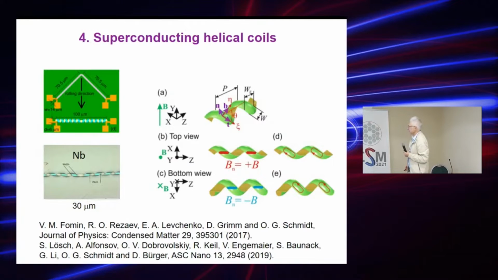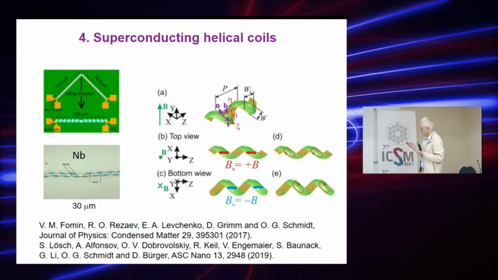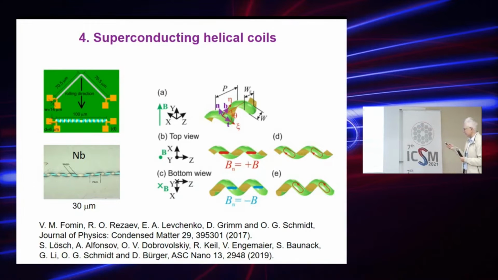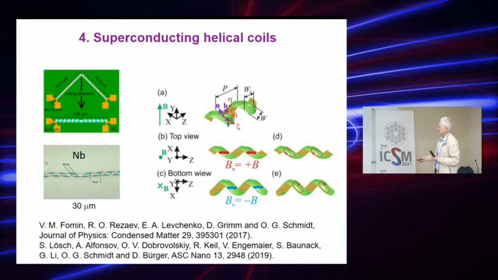Next. I attracted your attention to helical coils. Imagine that you perform rolling up and you get an open nanotube. But if you change the direction of rolling, it's a matter of technology, and if the rolling occurs at an angle with respect to the axis of rolling, you will get a helical structure like this, for example.